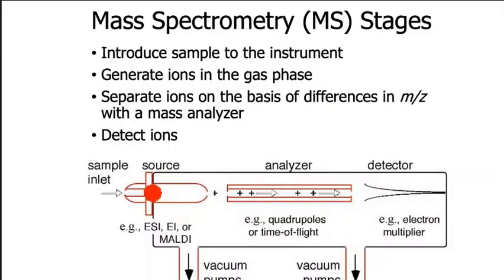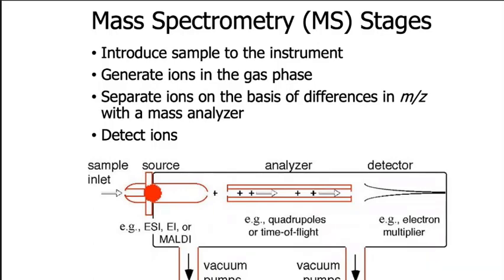Here in the mass spectroscopy, we have 4 stages. The first is introducing the sample to the mass spectrometer, then a chamber for generation of ions in the gas phase, including a gas like helium, argon or neon.